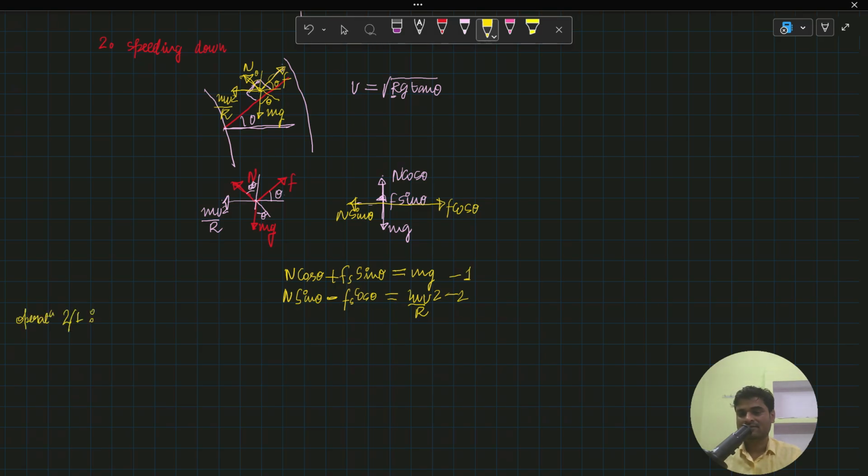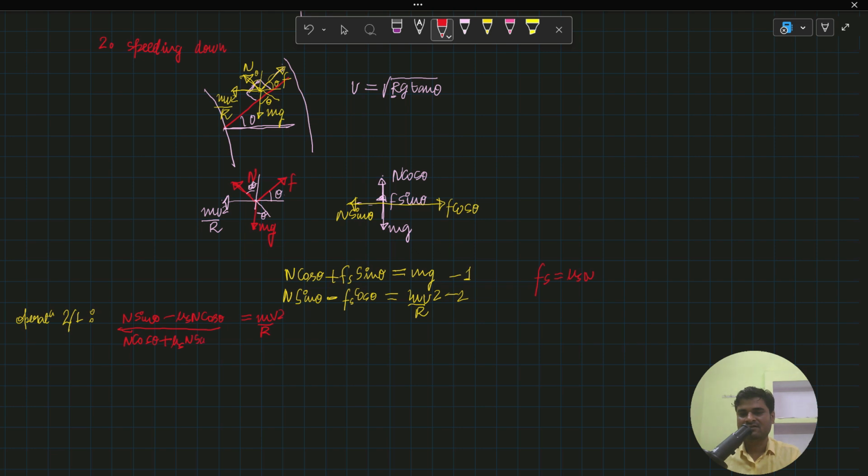We also know that friction fs is always μs times N. So wherever there is fs, we will write μs N. So this will become N sin θ minus μs N cos θ, equal to mv²/r, and we are dividing this by N cos θ plus μs N sin θ, divided by mg.